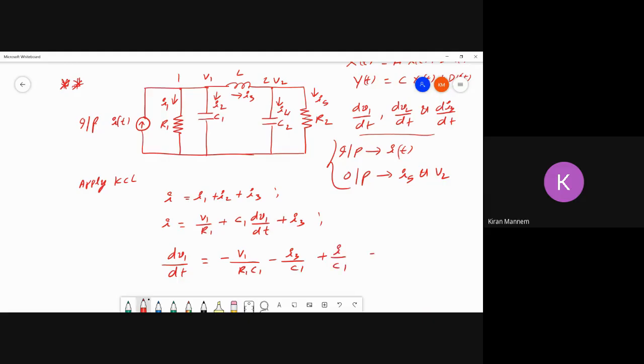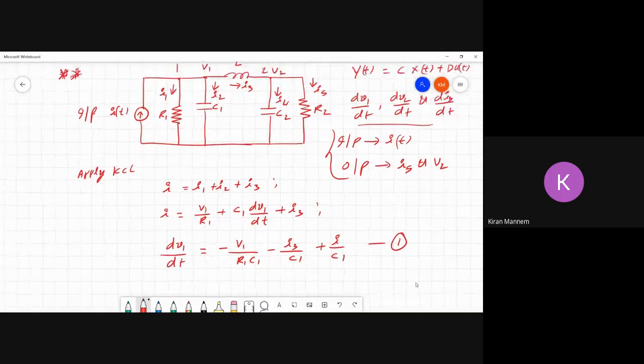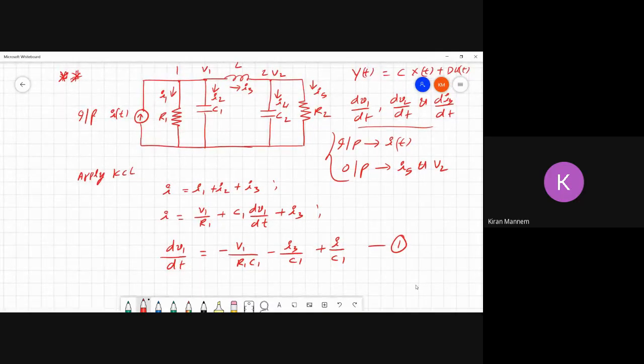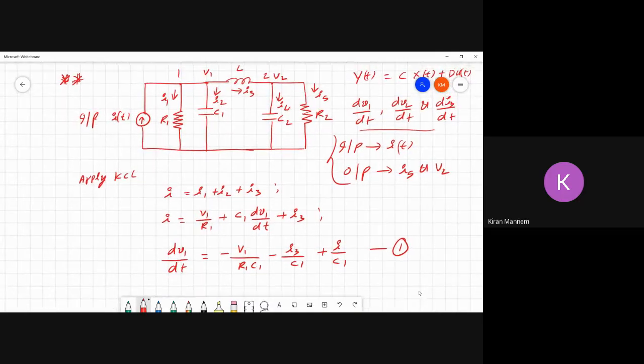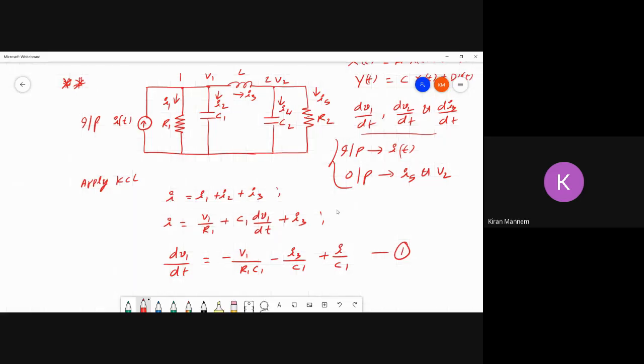Let us put this as equation number 1. So I got the first-order differentiation of the state variable V1 in terms of state variables and input, right? These are all state variables and input.